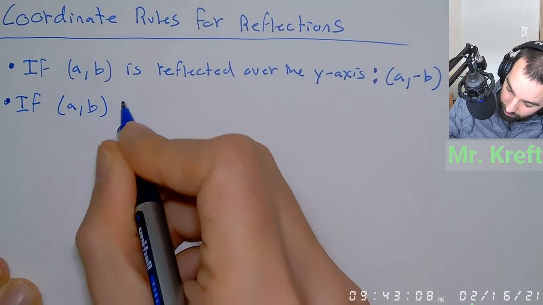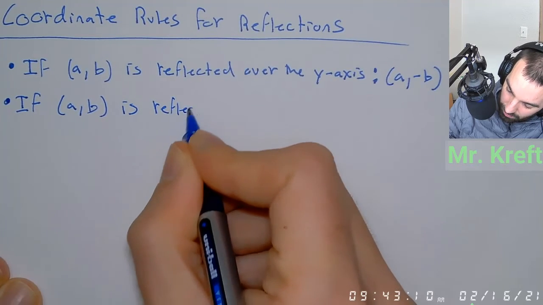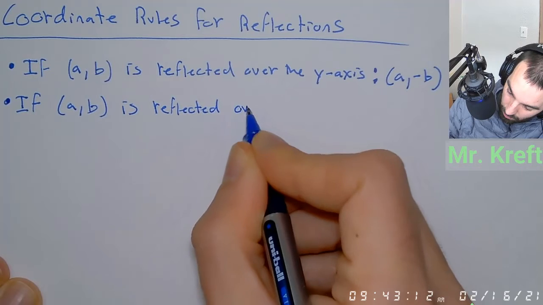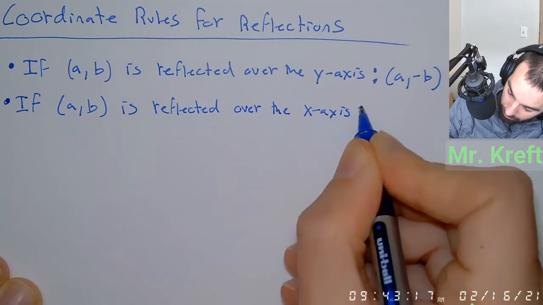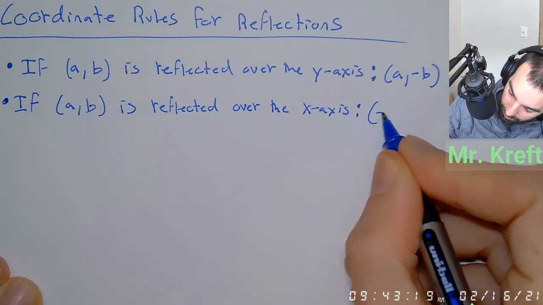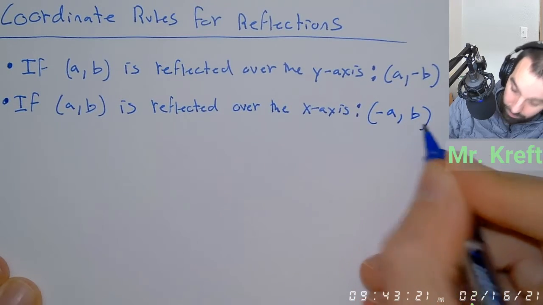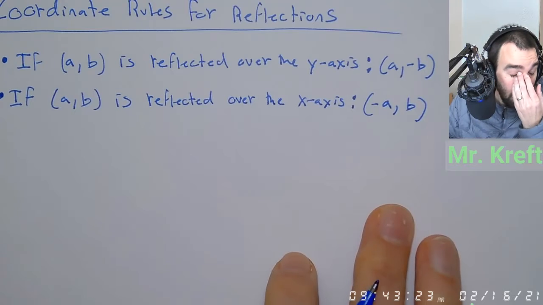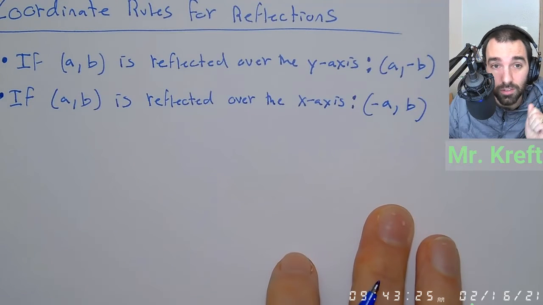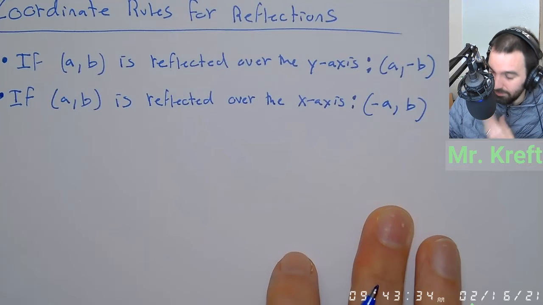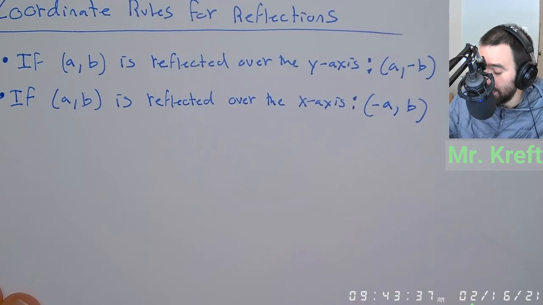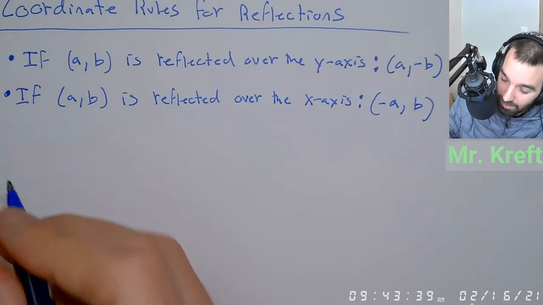So if AB is reflected over the x-axis, then you're going to end up with A, negative B. I didn't explicitly say this, but A and B are just numbers: some number A, some number B. We'll use the last few minutes to practice using these.